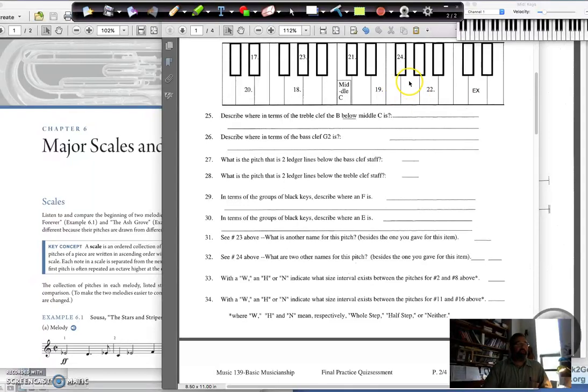I'm going to give you an answer key to this so you can see exactly what it is. I don't want to give away the answer for this, but let me do an example that's a little like that. Take this C right here. What are 3 ways to name this C?